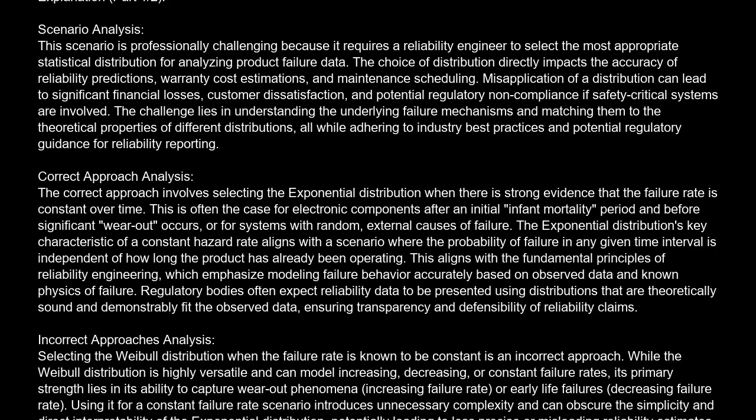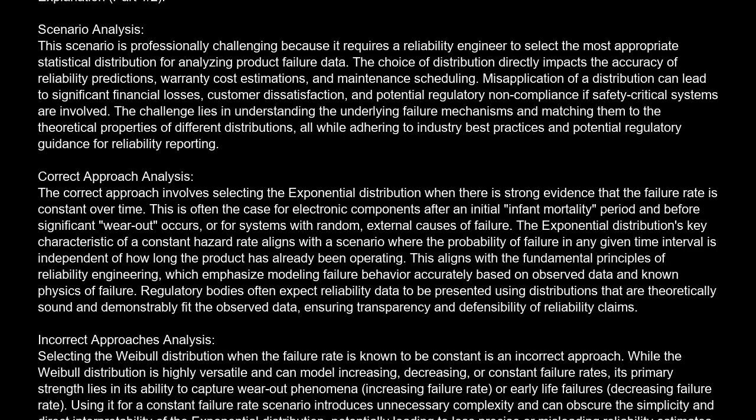Misapplication of a distribution can lead to significant financial losses, customer dissatisfaction, and potential regulatory noncompliance if safety-critical systems are involved. The challenge lies in understanding the underlying failure mechanisms and matching them to the theoretical properties of different distributions, all while adhering to industry best practices and potential regulatory guidance for reliability reporting.